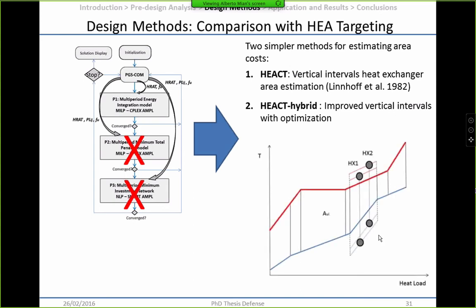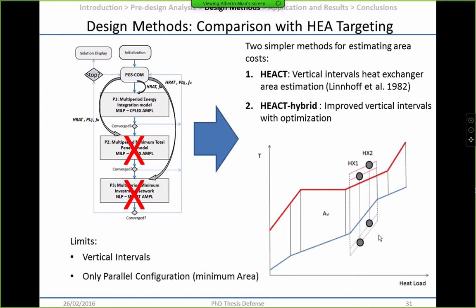In this case, we consider what we call the hot composite and cold composite curve, which represent basically our system in terms of mass and heat loads involved in the process.